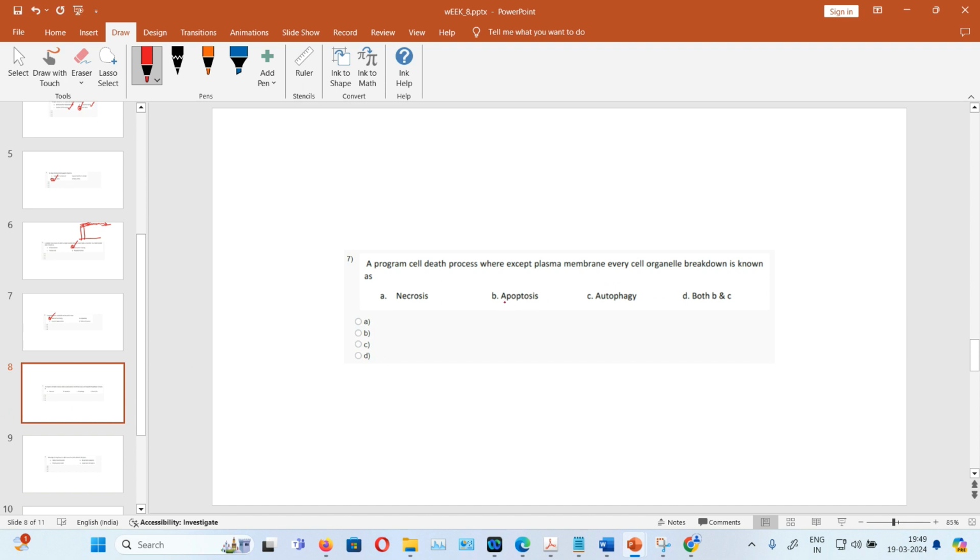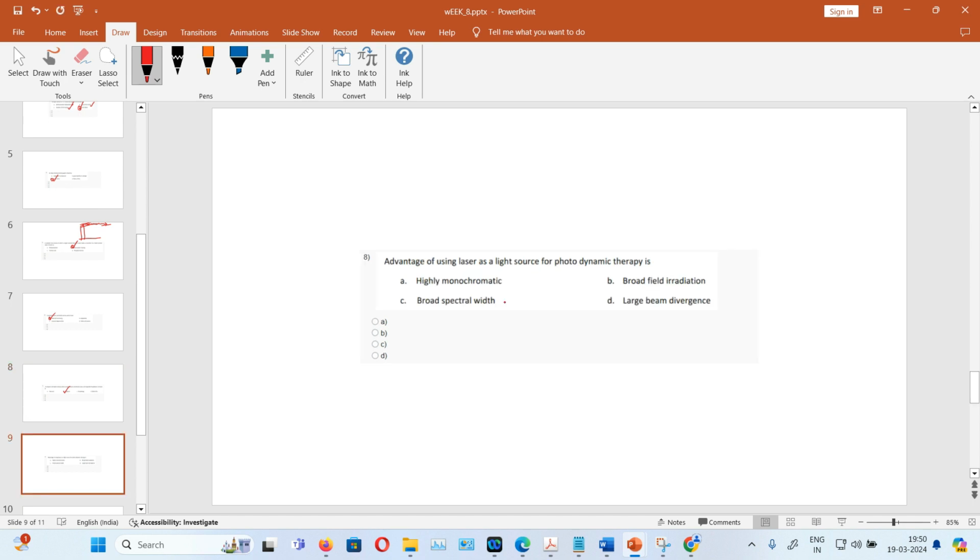so the answer is... The question is the advantage of using laser as a light source for photodynamic therapy. Now, in photodynamic therapy, there's a photosensitizer.